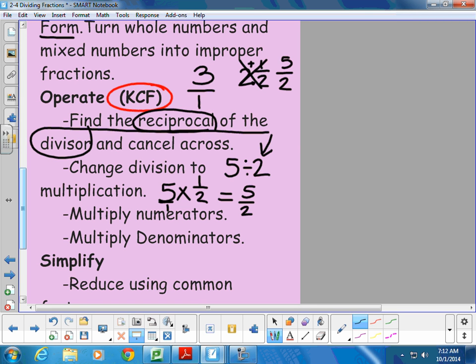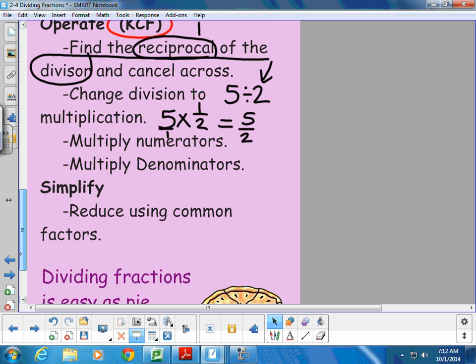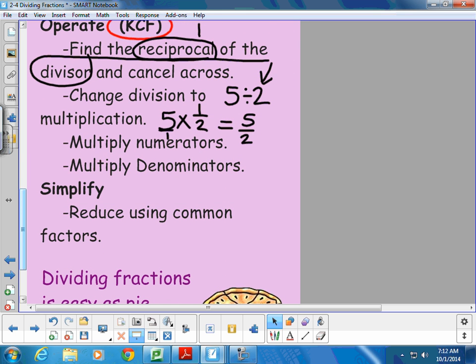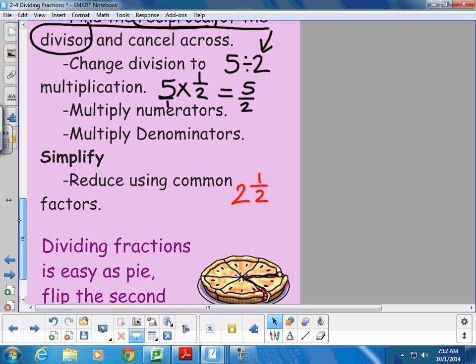Then I go to simplifying: reduce using common factors, nothing there, or change into an improper fraction. So that's going to be 5 divided by 2. 2 goes into 5 twice with 1 of the 2 left over. There's a lot of verbiage, and that's okay.